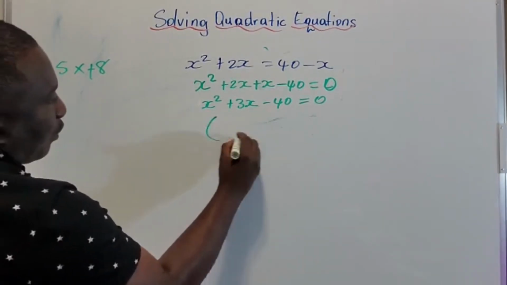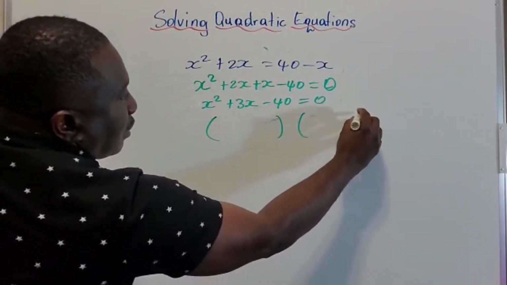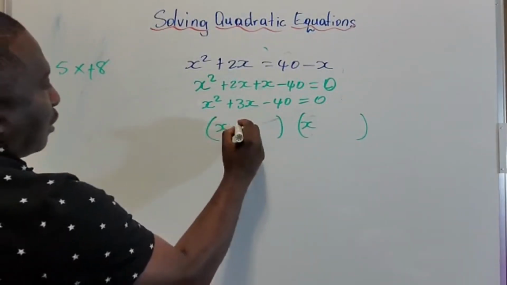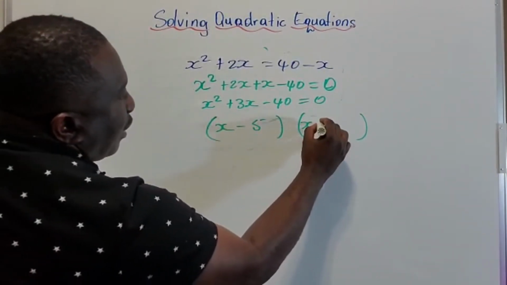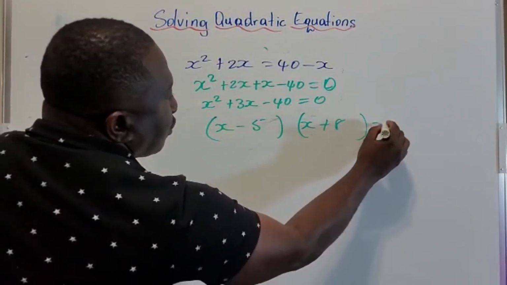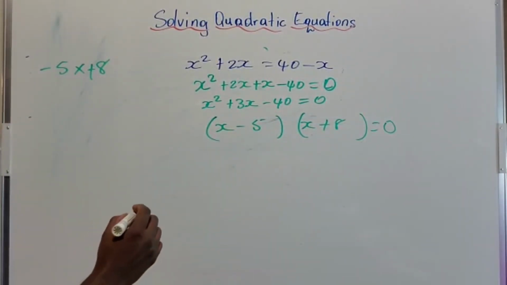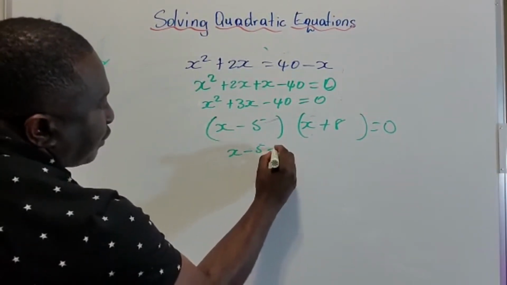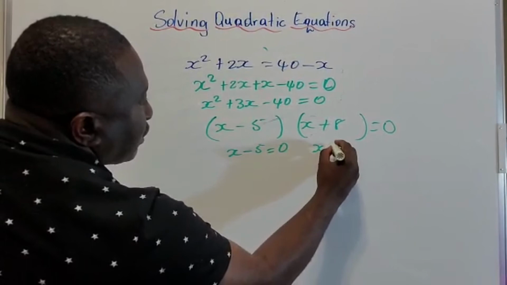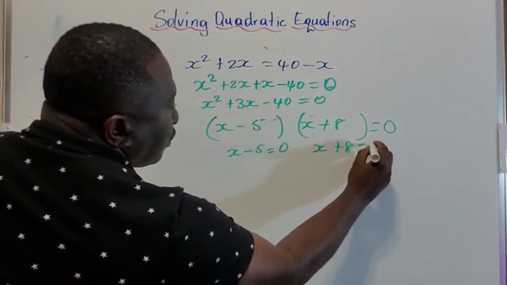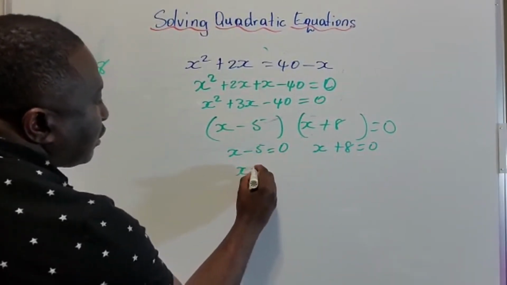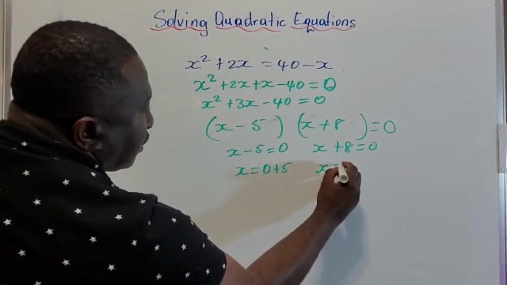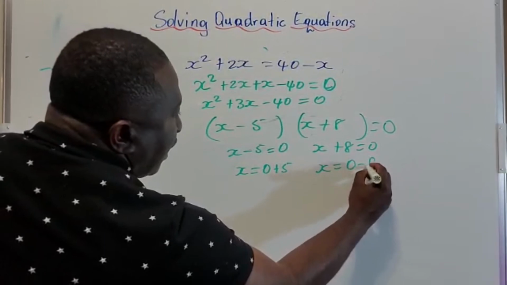So, open bracket, x, negative 5, and positive 8 all equal to 0. Therefore, guys, x minus 5 is equal to 0. x plus 8 also equal to 0. x is equal to 0 plus 5. x is equal to 0 minus 8.